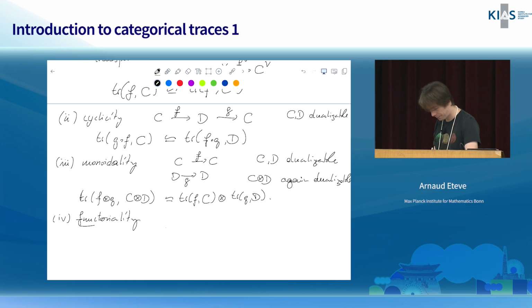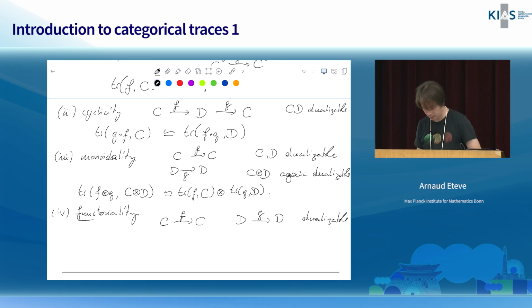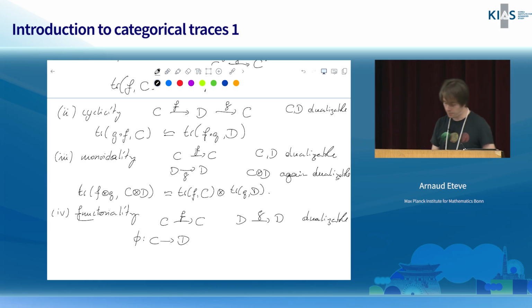So we'll take C and D, again, dualizable, and we'll take a morphism phi from C to D, which admits a right adjoint.